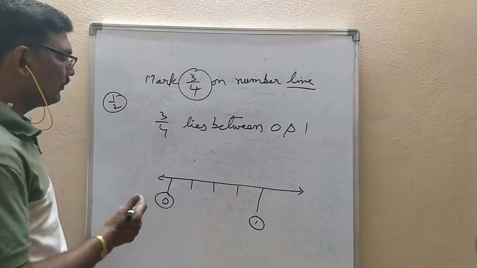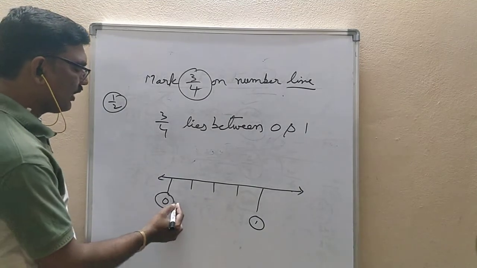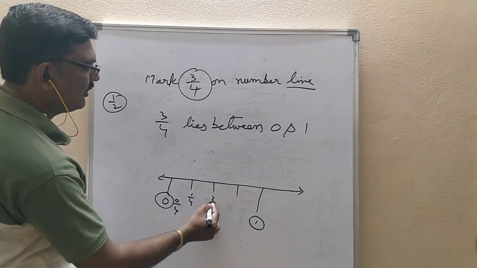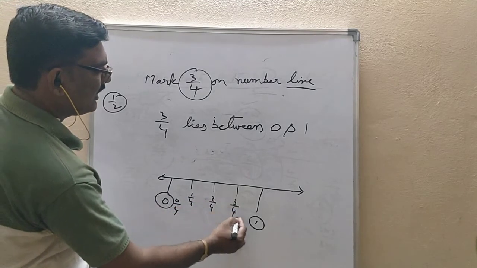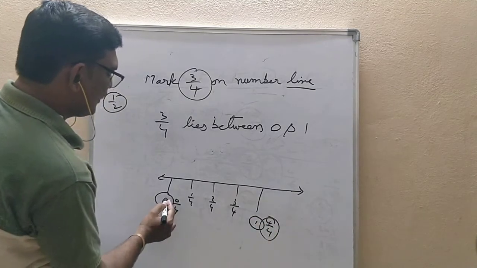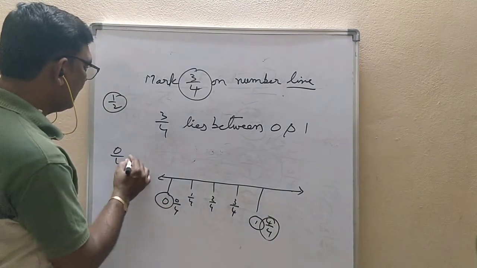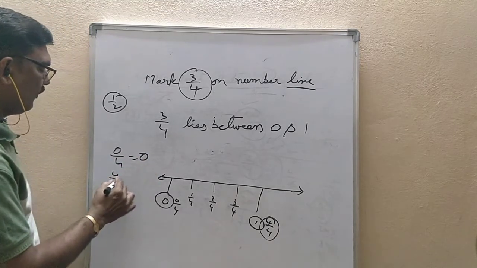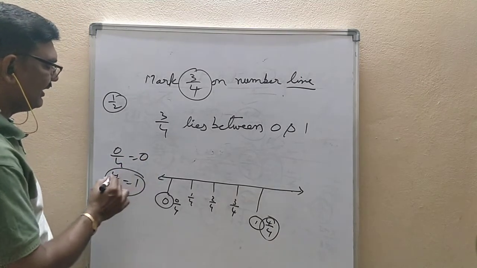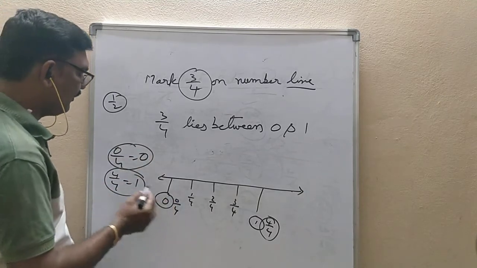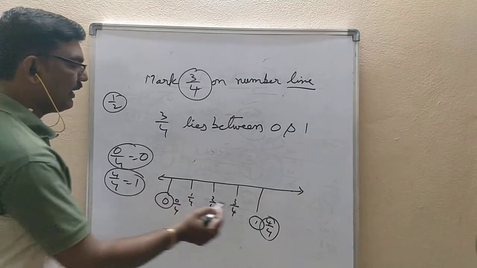Now what I have to do is write 0 by 4, 1 by 4, 2 by 4, 3 by 4, and 4 by 4. 0 and 0 by 4 are equal; they are called equal fractions. 4 by 4 and 1 are equal, the same. So 0 I wrote as 0 by 4, 1 I wrote as 4 by 4.